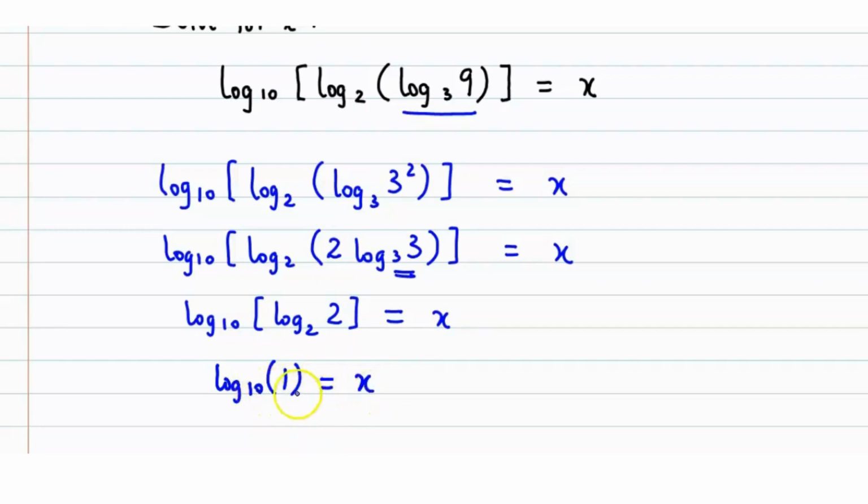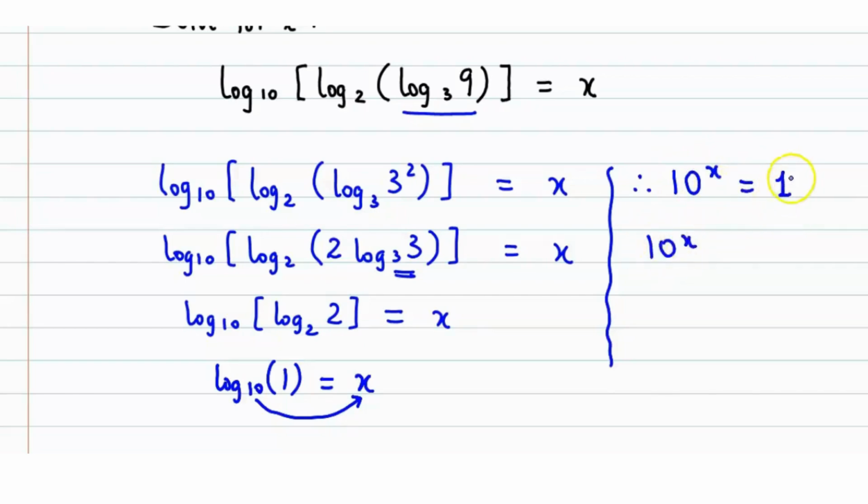Now we can easily convert the log form into the exponential form and we can get rid of this log function. So converting the log form into the exponential form, we have 10 raised to x is equal to 1.